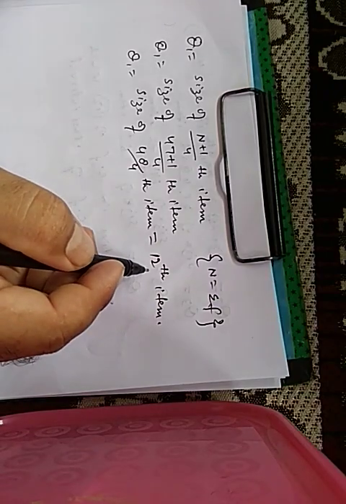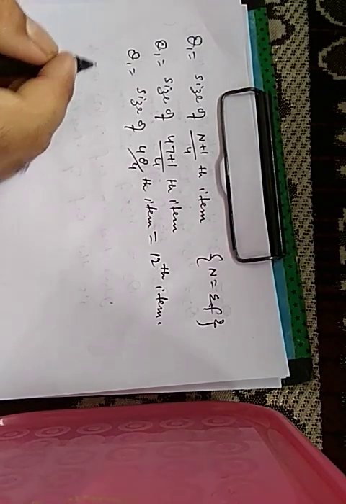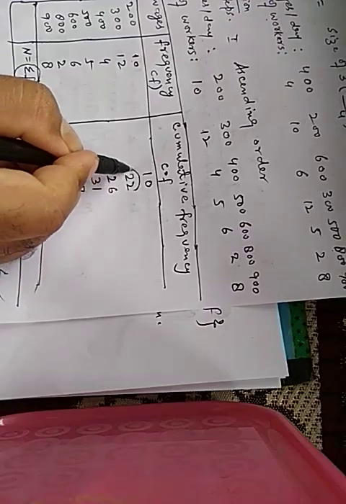This we have to find in the cumulative frequency column. The value 12 lies in the cumulative frequency of 22.